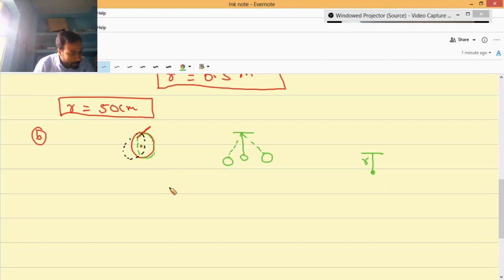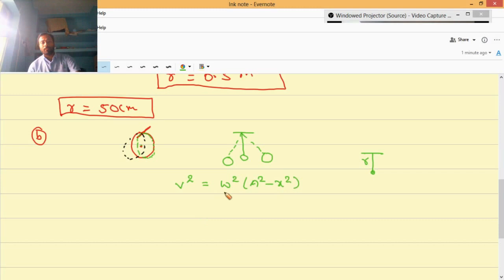What is asked is the speed of the particle farthest away. In order to find the speed of any particle performing simple harmonic motion or some oscillation, we write the equation for v square, which is v square equals omega square into a square minus x square.